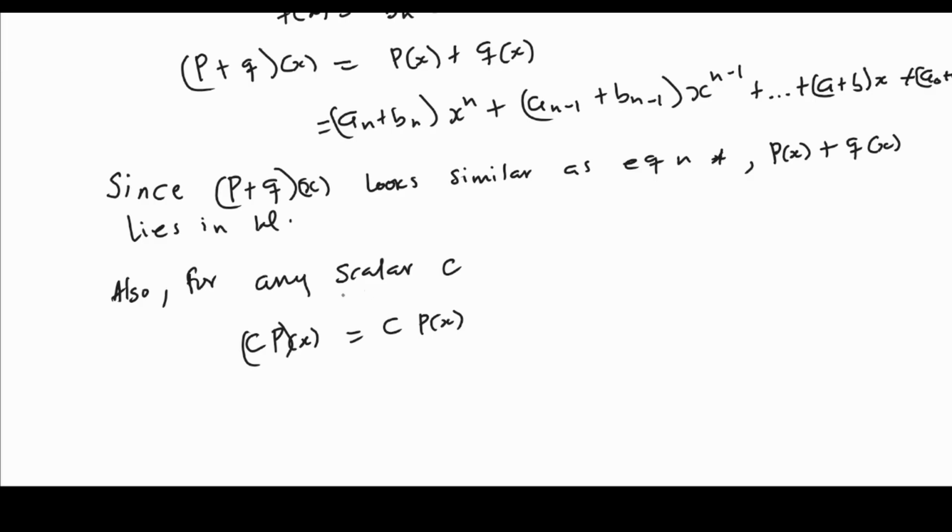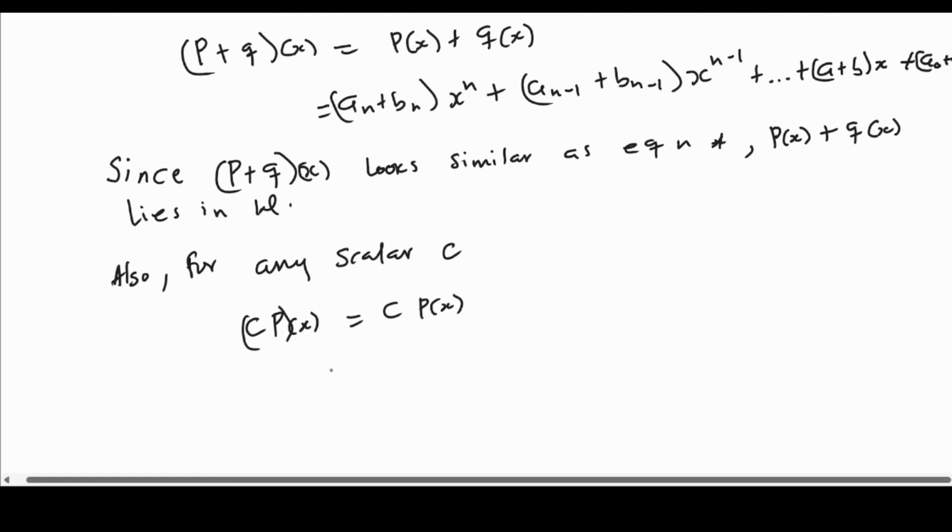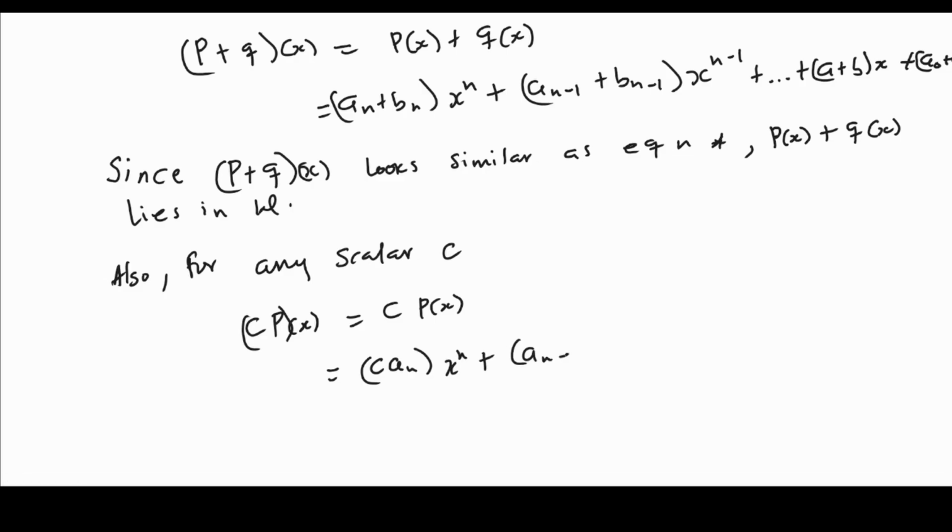So if I multiply the p by c, what am I going to have? I'm going to have c a_n x^n plus a_(n-1) times c. So we have the c here.